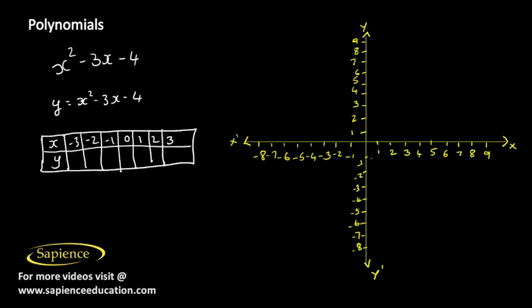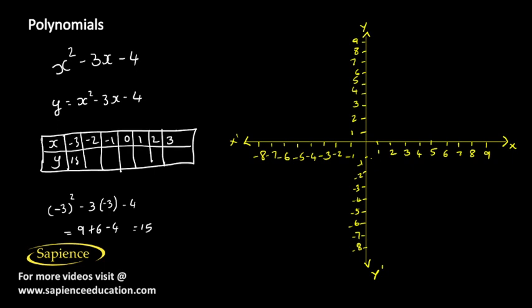So when we substitute minus 3, we get minus 3 the whole square and minus 3 into minus 3 and minus 4, which is equal to 9 plus 6 minus 4, which is 15.